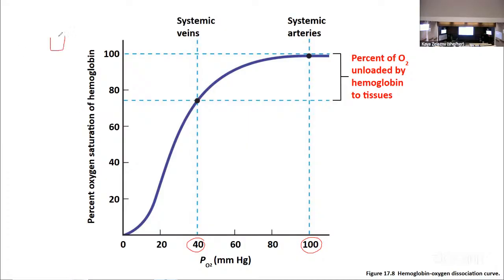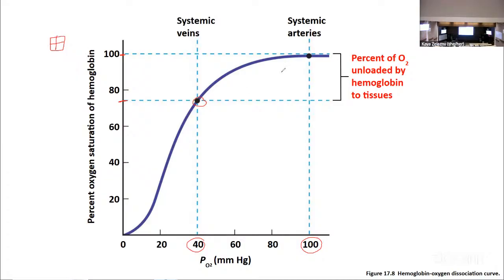We remember we've got our 4 little spots for hemoglobin. So we can read here on this graph those 2 points. At our partial pressure of 40, we have about 75% saturation of that hemoglobin. And at that partial pressure of 100 in the arteries, we're at about 98.5% saturation.